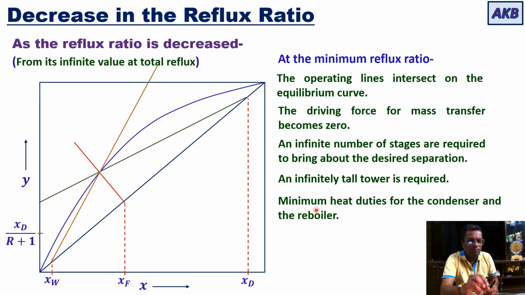Therefore, minimum amount of heat will have to be removed, and therefore, for the condenser, heat duty is minimum. In the case of the reboiler, minimum quantity of liquid will be going to it and boiled in it. Therefore, minimum amount of heat will have to be supplied, and that's why heat duty for the reboiler is also minimum. In short, with minimum reflux ratio, heat duties for the condenser and the reboiler are minimum.